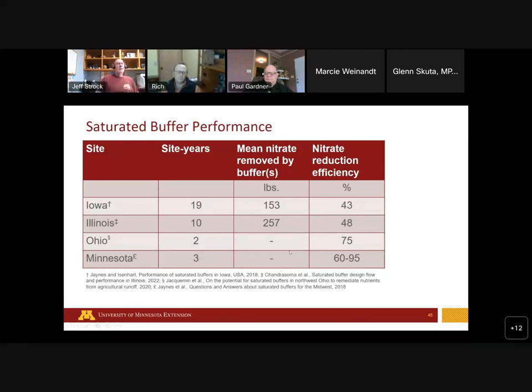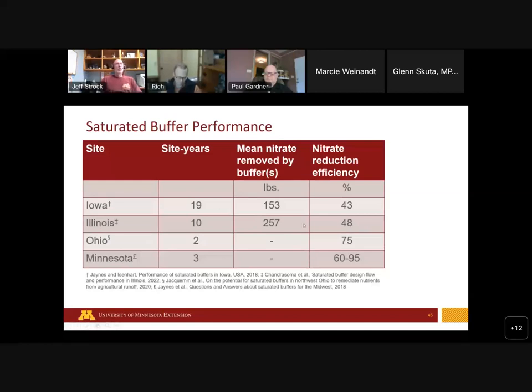I could not find in the publications that I'm citing here the nitrate removed, but I did find reduction capacities. And these have fairly high reduction capacities. And my sense is that over time, as we integrate all of the different years worth of data, the numbers for Ohio and Minnesota would probably come down into this 43 to 50% range as you gain more site years.